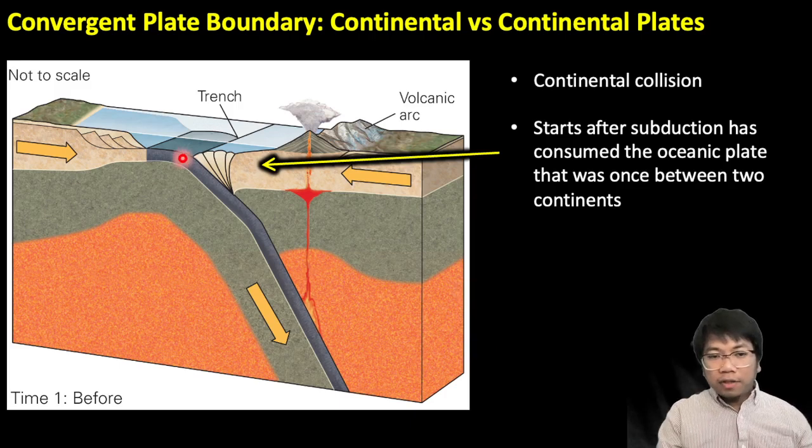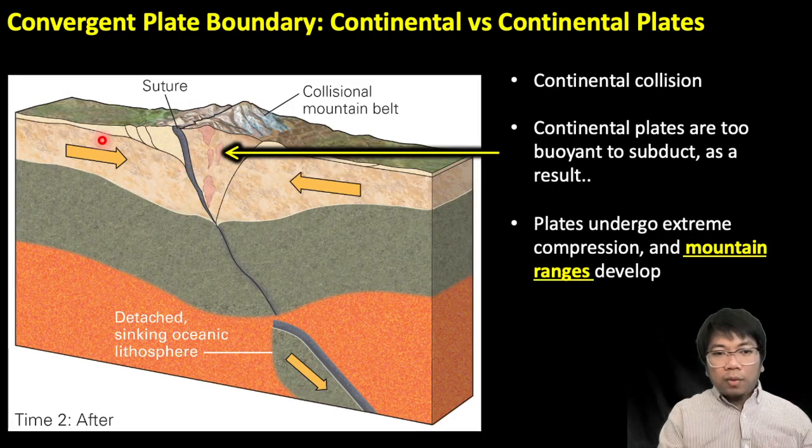Okay, so for example, in this figure, we have a little bit of oceanic plate right there, but eventually, as the subduction keeps going on, this oceanic plate will be entirely consumed by that process, and that would allow the two continents to basically collide with each other.